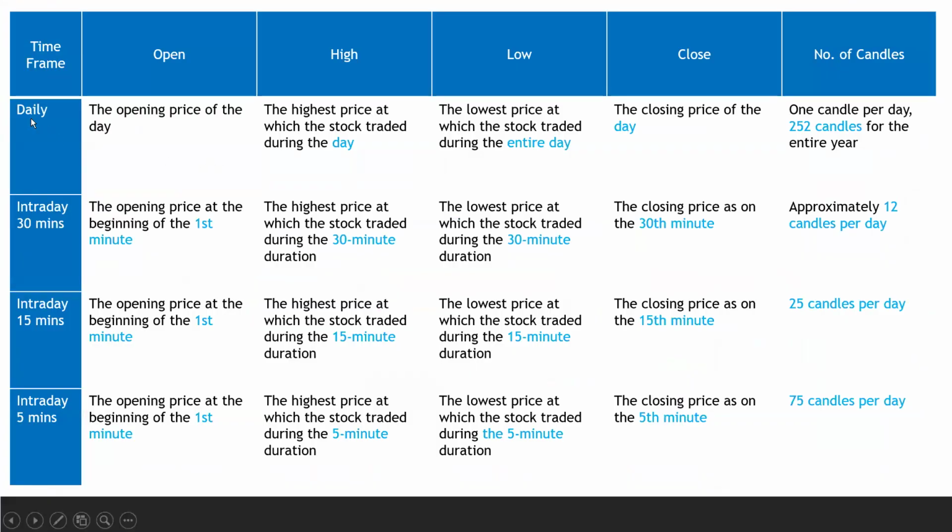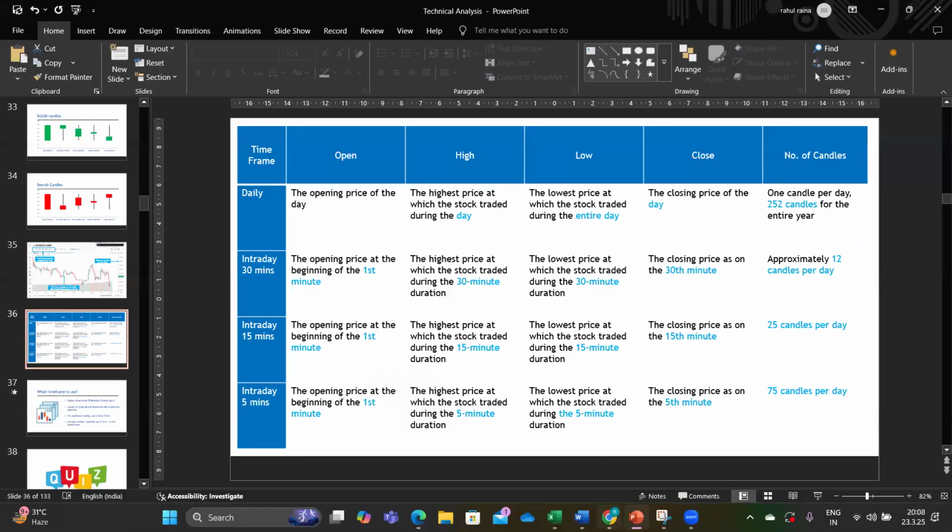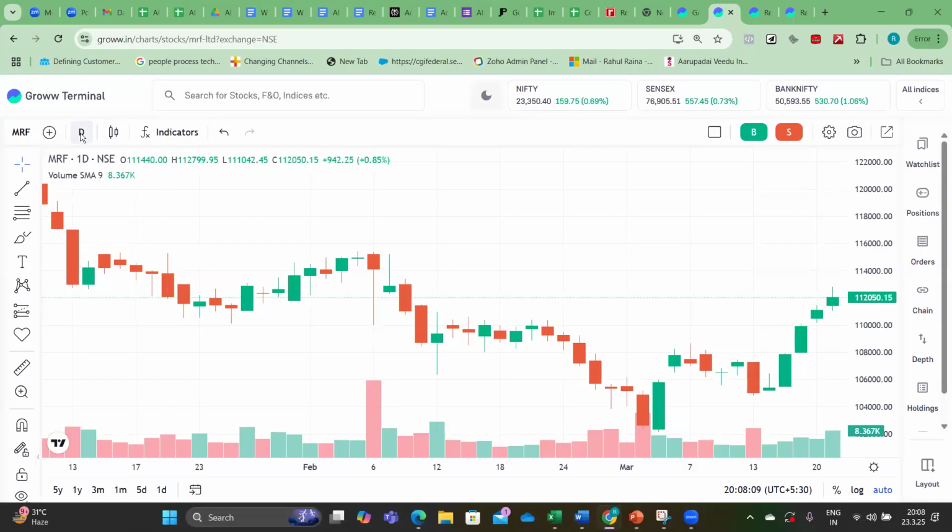When you select a daily time frame, what happens? One candle will represent one day. Let's say if I select a daily time frame, and I hover my cursor on this, it tells me 31st Jan 25.